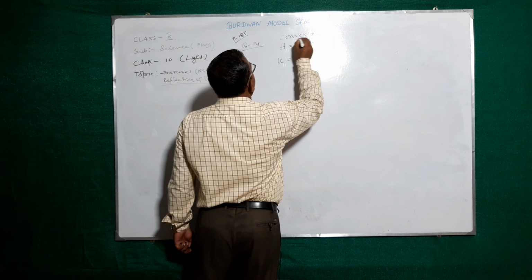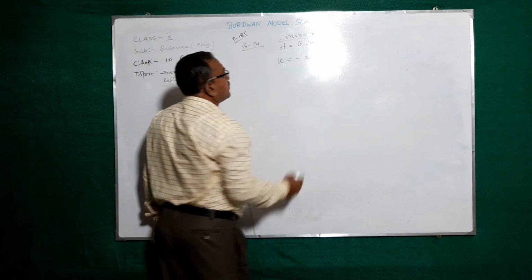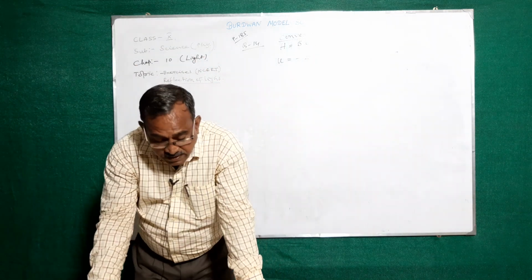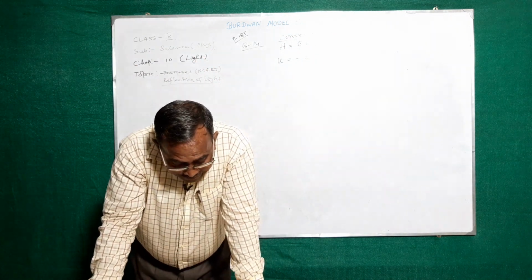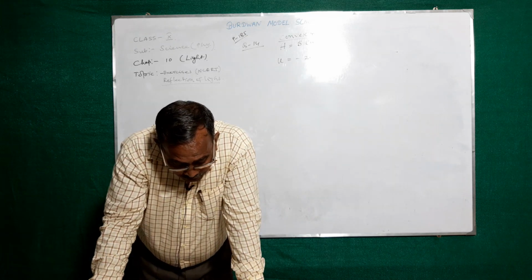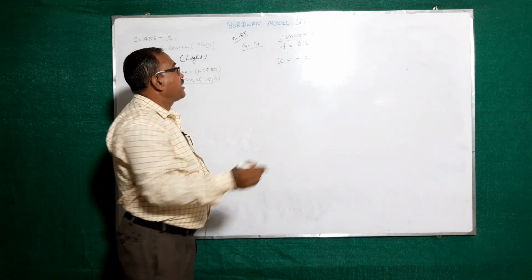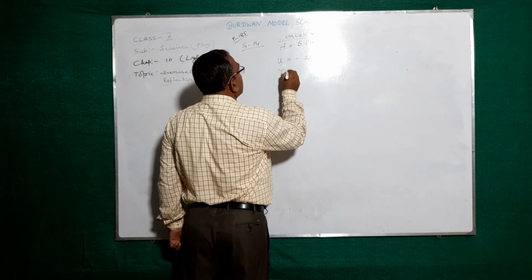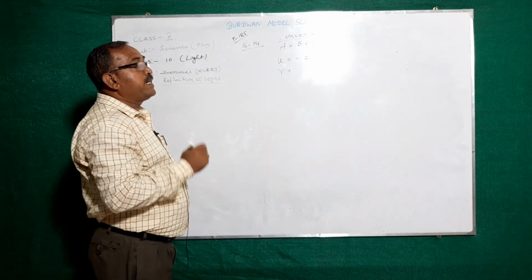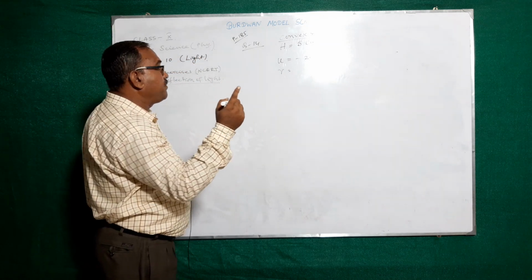Which type of mirror? Convex mirror, of radius of curvature 30 centimeter. Radius of curvature, convex mirror.